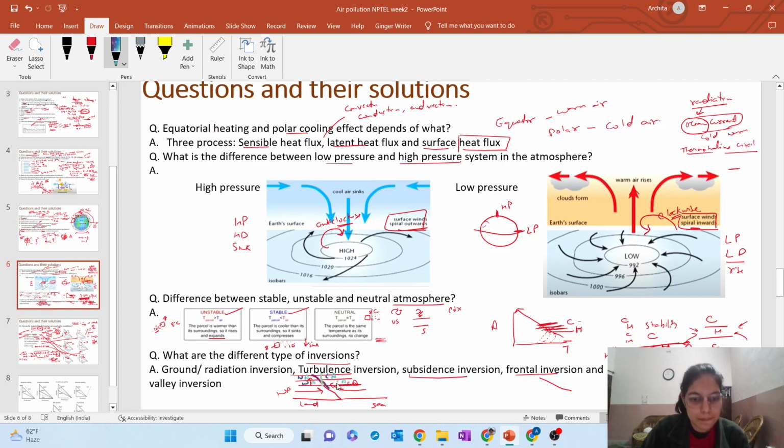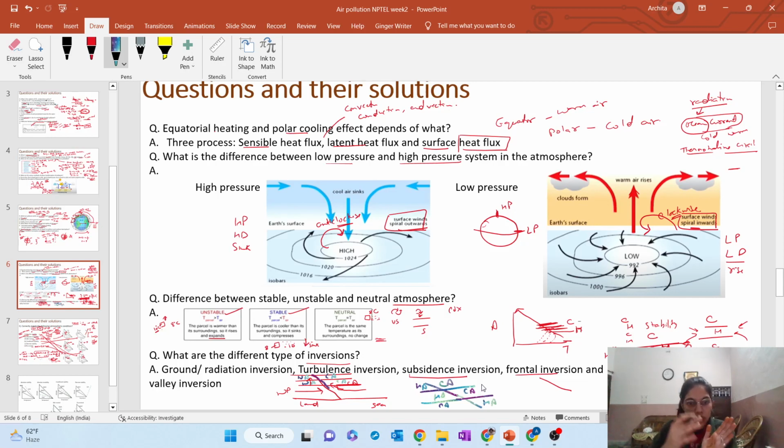So what they do is that it's a slanting inversion in which they basically try to overlap each other, right? One layer will try to overlap, and they make this sort of structure where in one region cold air is over hot air, and then below this there is cold air, and in another region there is hot air, cold air, then again hot air.